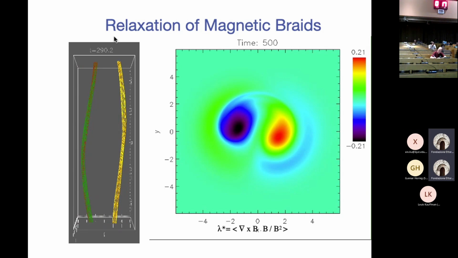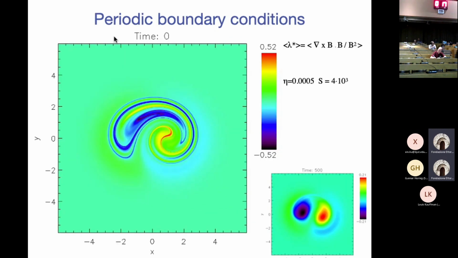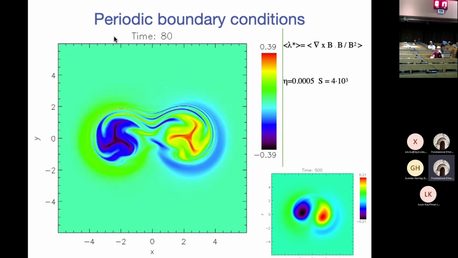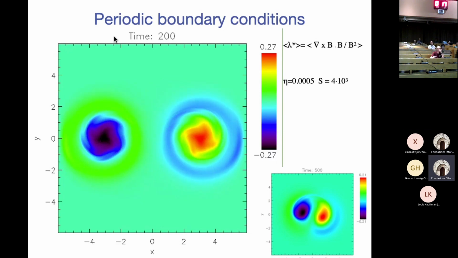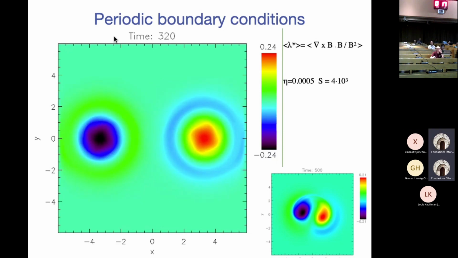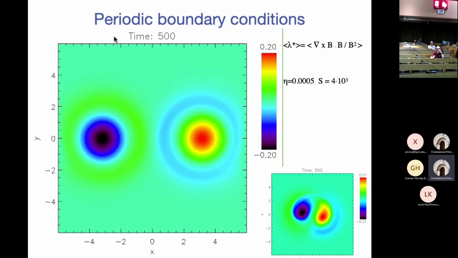In particular, we changed our boundary conditions from a line-tied to a periodic case. So now we look at the same evolution in a periodic box, and we see an even more extreme deviation from the linear force-free field.